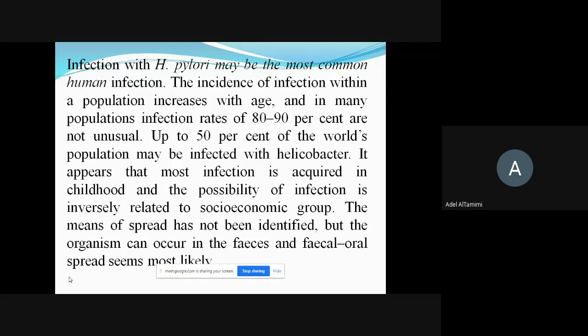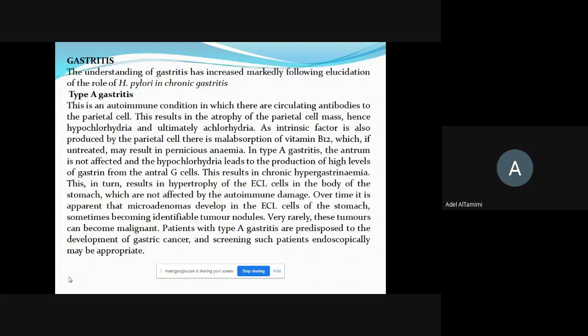So the high socio-economic group has less chance to get infection, while the low socio-economic group has more chance, because the hygiene، واحنا كنا فيه oral لانه هي hygienic process. كل ما زادت الhygienic تقل rate of infection. The means of spread has not been identified, but the organism can occur in feces, and fecal-oral route spread is the most likely route of spread.